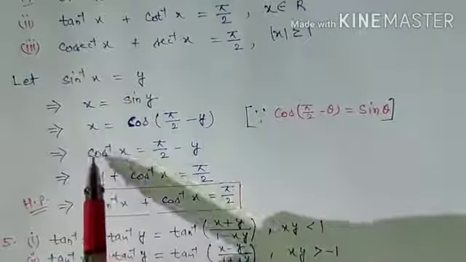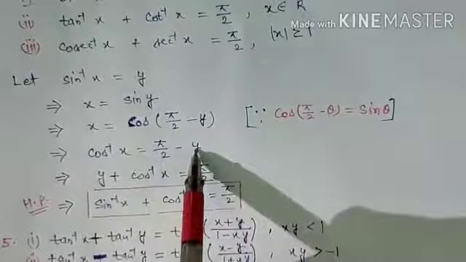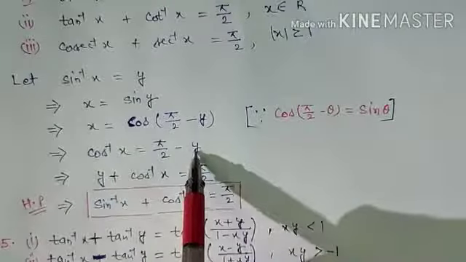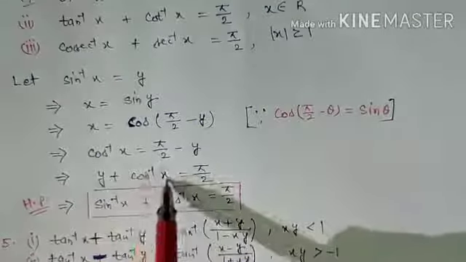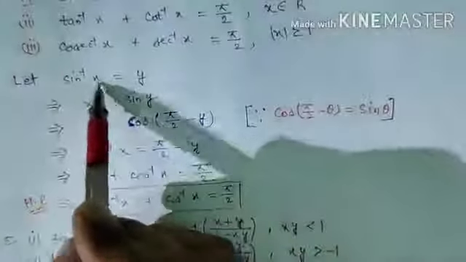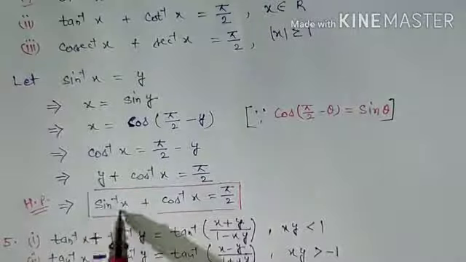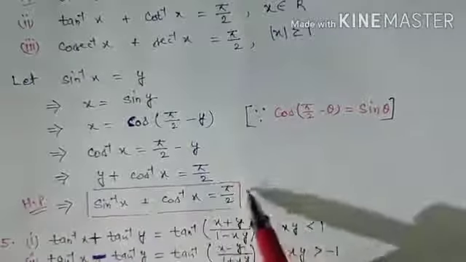It will become cos inverse x equals pi by 2 minus y. Now if I shift this minus y to the other side, it will become y plus cos inverse x equals pi by 2, and y we already know is sine inverse x. So we have proved that sine inverse x plus cos inverse x equals pi by 2.